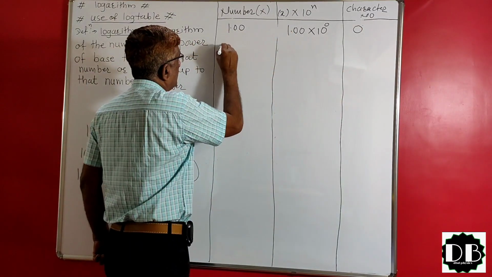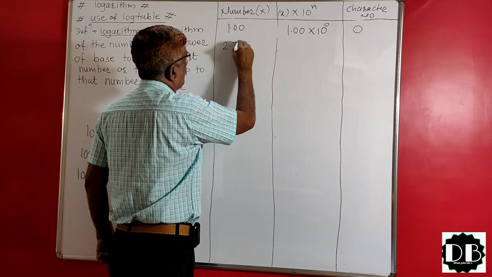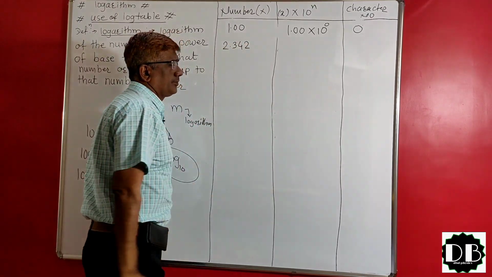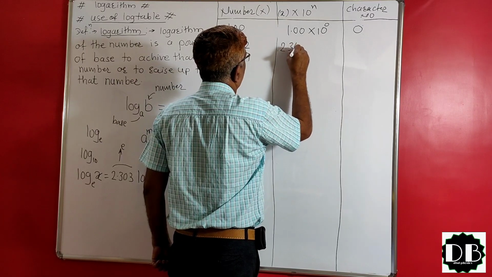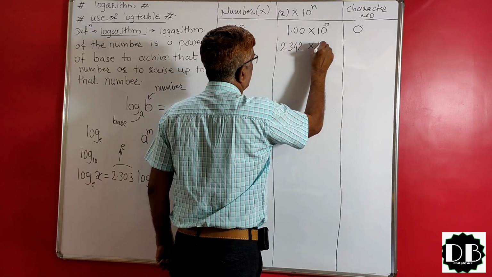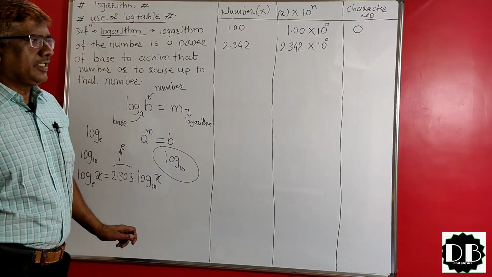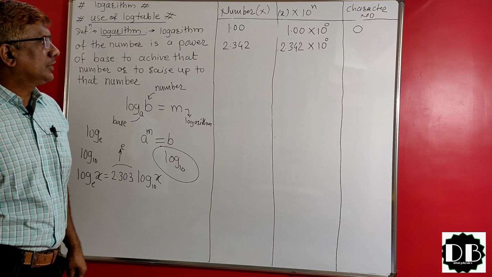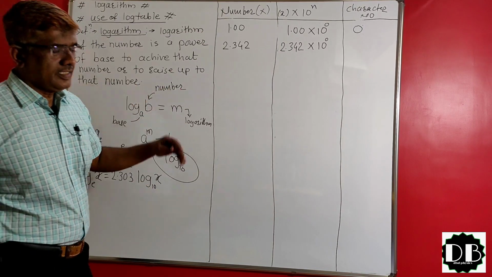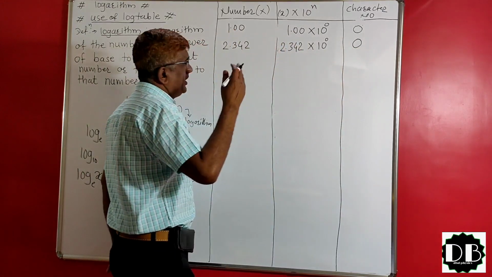If we have the number 2.342, it is 2.342 into 10 raised to 0, because 10 raised to 0 is always equal to 1, so this number remains as it is. That's why the characteristic number is 0.